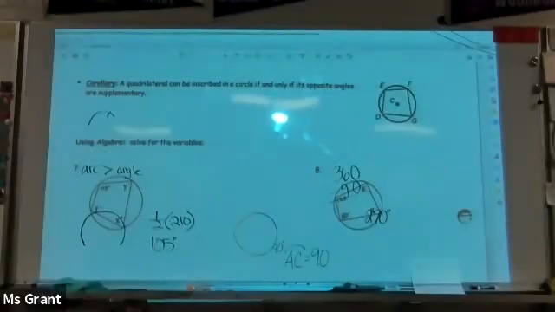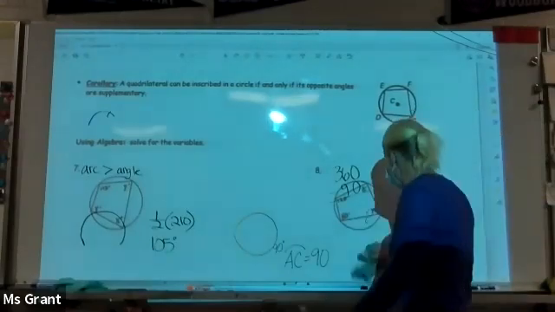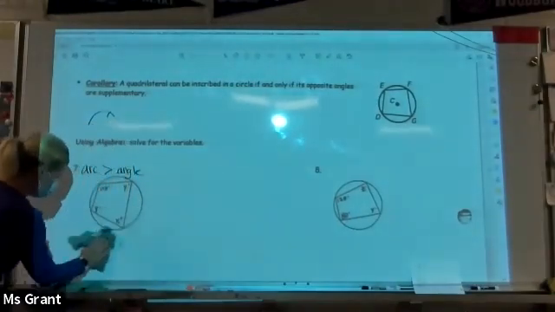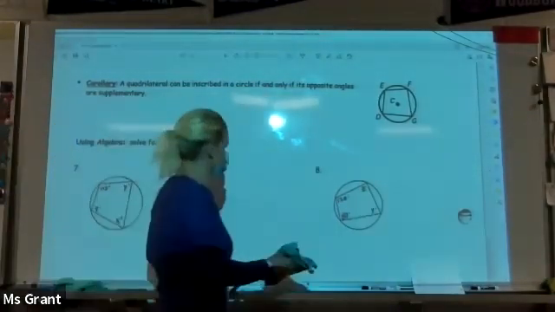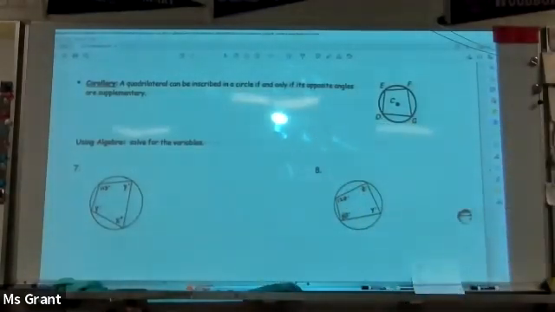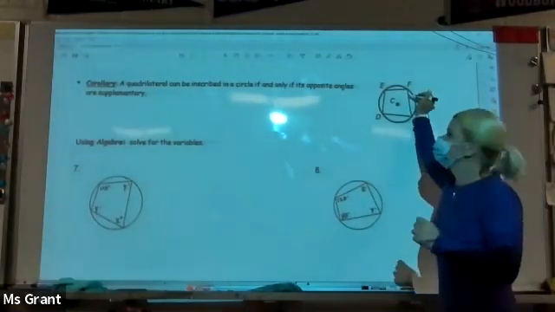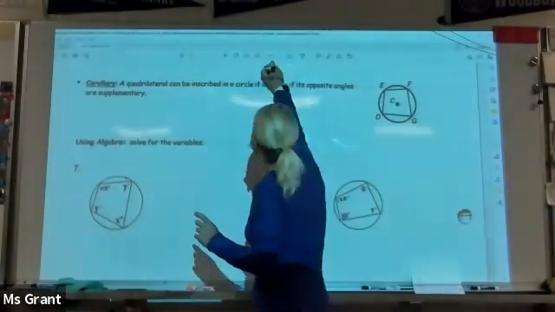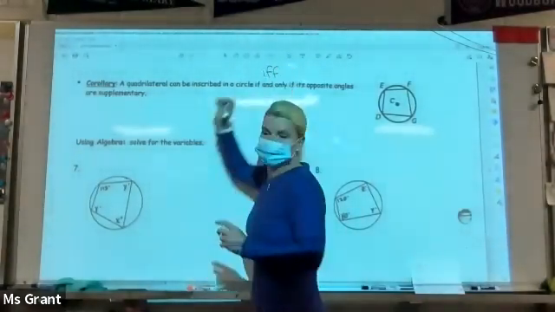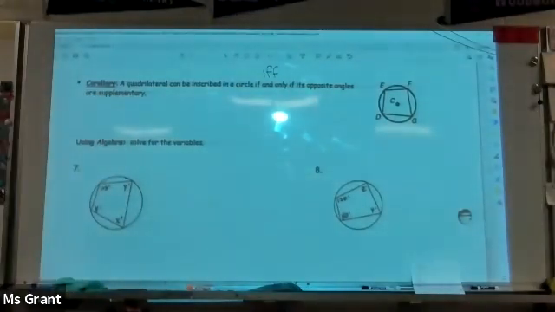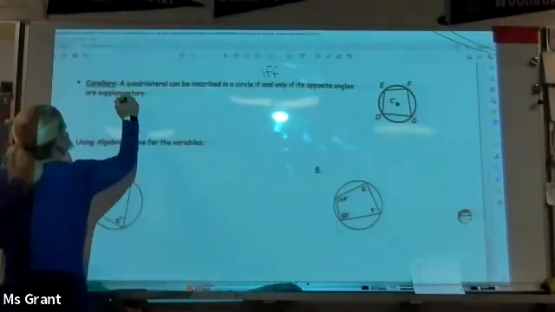Okay, last bit, algebra. We've got some algebra going on here. Let me clean this up. Okay, so a quadrilateral can be inscribed in a circle. So this four-sided shape can be in the circle if and only if, and IFF is an abbreviation for if and only if in math, maybe in science too, its opposite angles are supplementary.